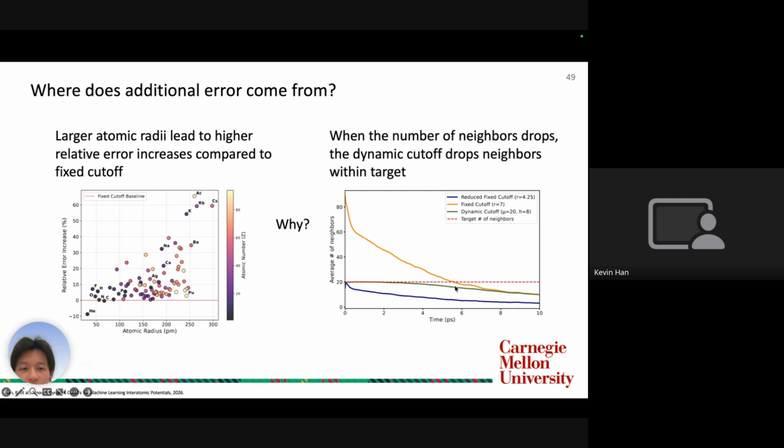So it's actually going to drop long before the fixed cutoff approaches 20 total neighbors, right? And so we believe that this might be the reason why the larger atomic radii, which may have local atomic neighborhoods of, let's say, 35 or 40 atoms, may struggle during training compared to some of the smaller, more tightly packed atoms or elements.